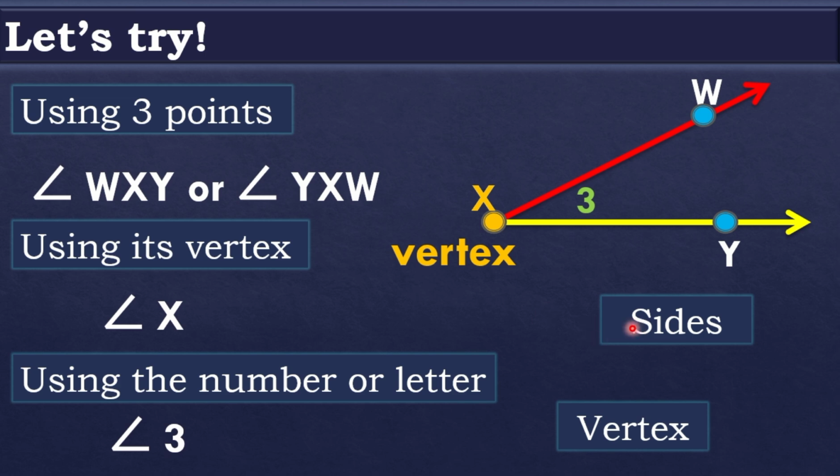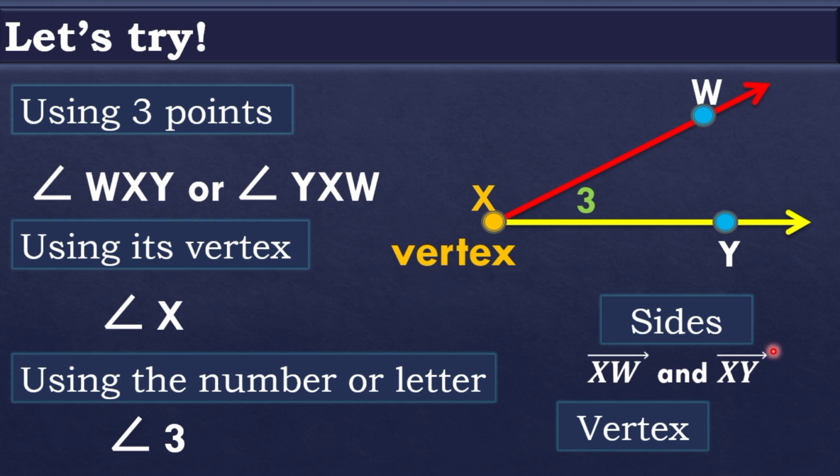Next, so what are the sides? So, pag sinabi nating sides, yun po yung rays. So, kapag sides, lagi po tayo magsisimula sa endpoint. So, from here, ano ang sides ng angle? We have ray XW and ray XY. So, make sure na kapag sinusulat po natin ang sides ng angle, dapat po meron tayong symbol ng rays.